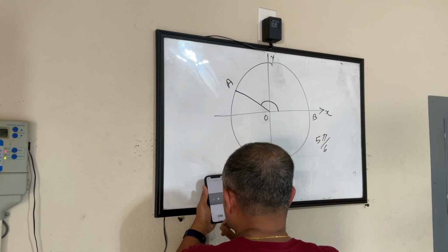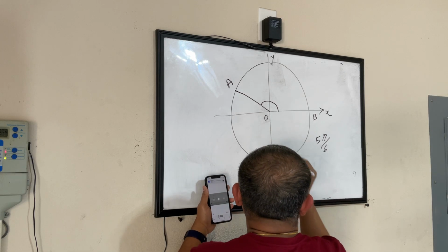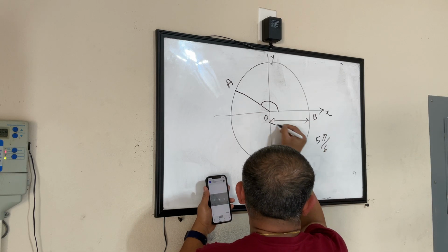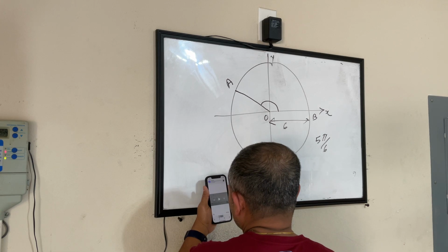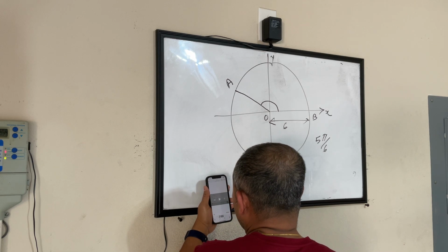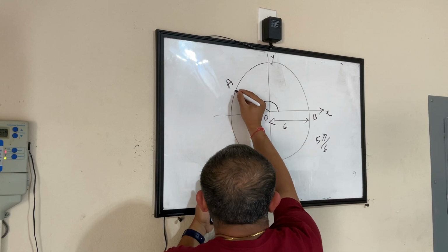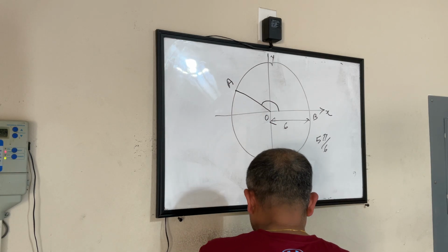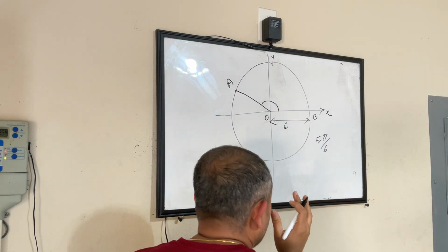If the radius of the circle is 6, this radius here to here is 6, what is the y coordinate of A? You have to find out the y coordinate of A.